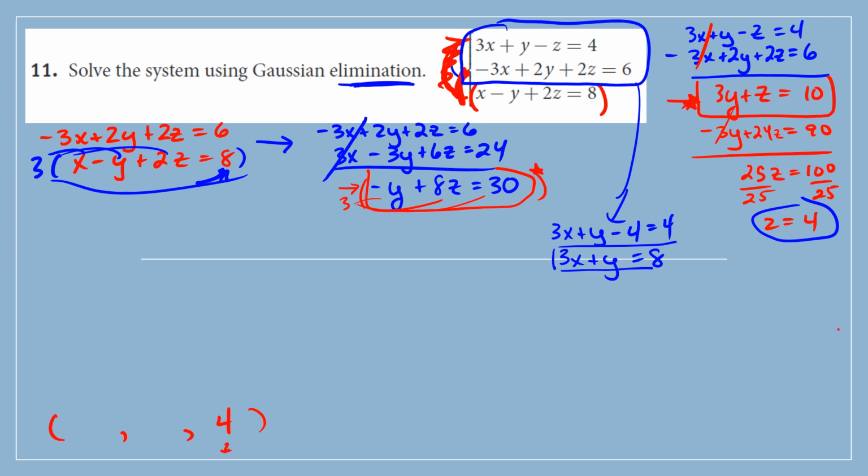Okay, now I'll bring this other one right here, and I'll get negative 3x plus 2y plus 2 times 4 equals 6. So negative 3x plus 2y equals, this would be 8, right? And if I subtract 8 from both sides, I'll get negative 2.